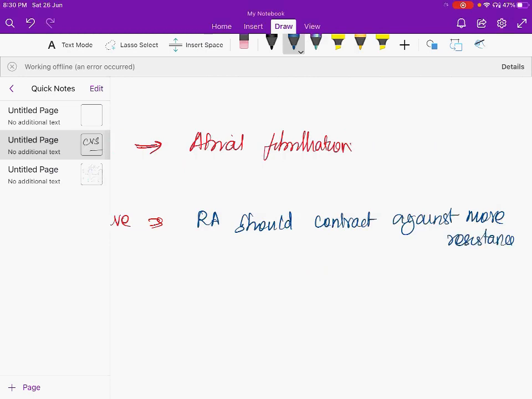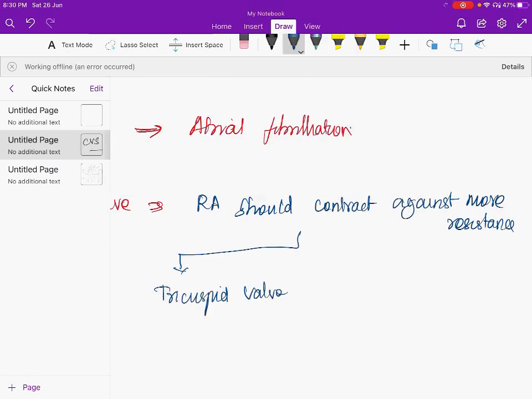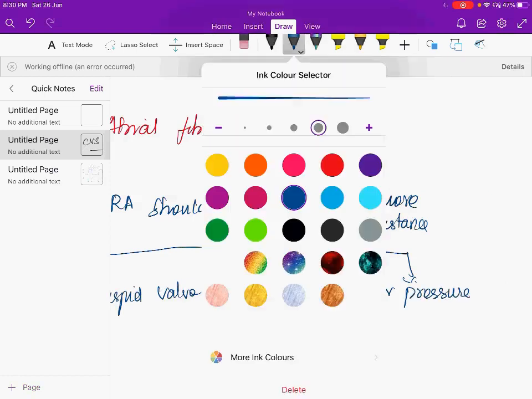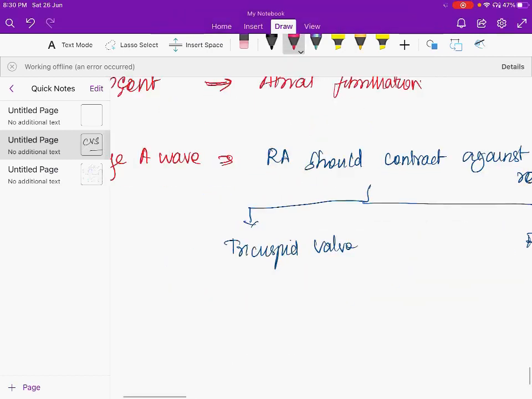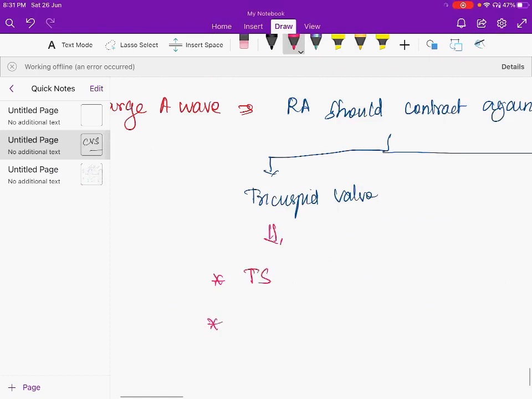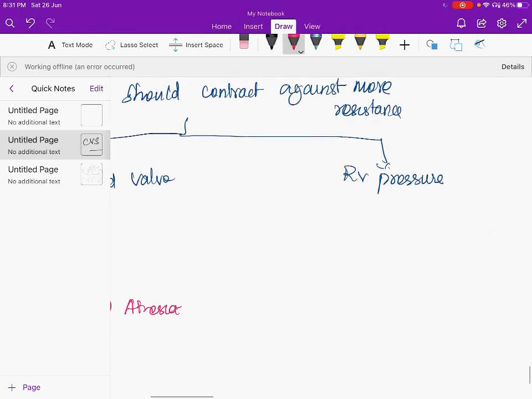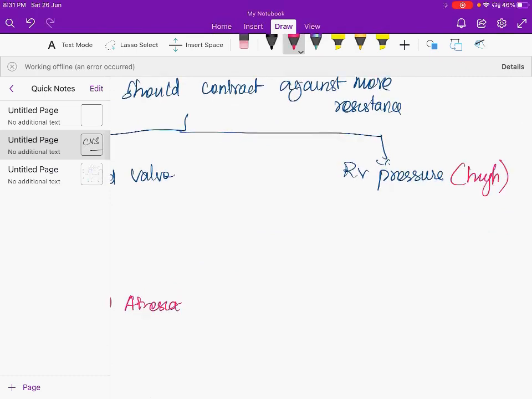The pathology should be either in your tricuspid valve or in the RV pressure. So the pathologies of the tricuspid valve are your tricuspid stenosis or tricuspid valve atresia. Okay. This will produce your large A wave. What are the conditions causing high RV pressure?